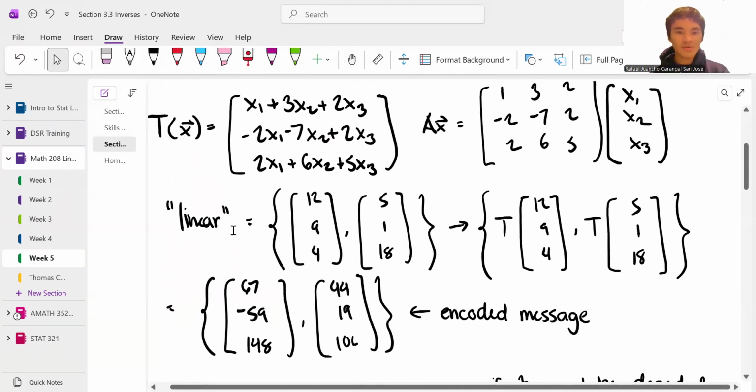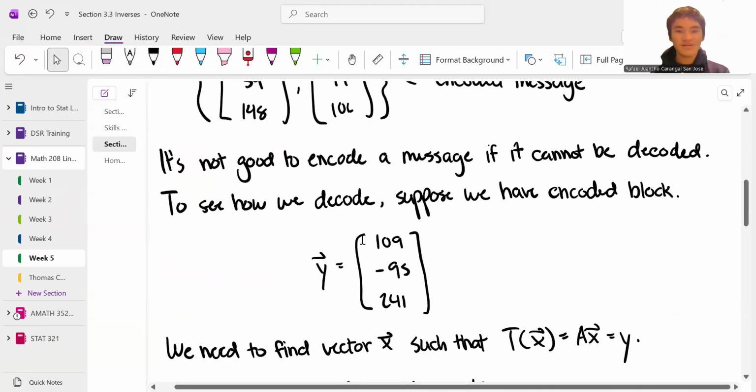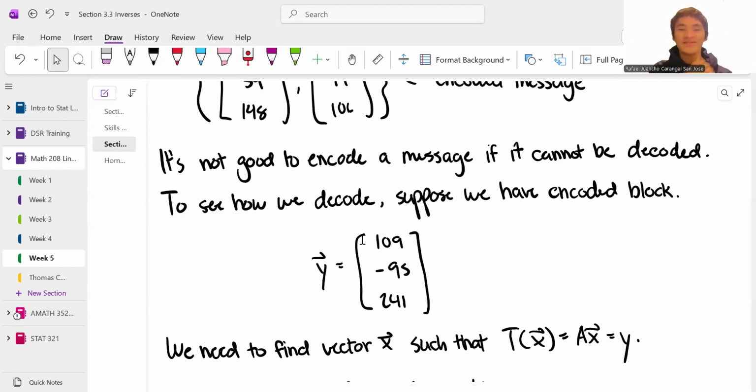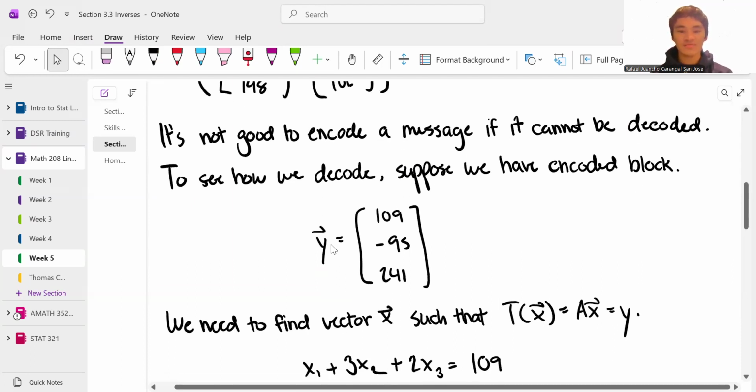Okay, cool. So here's the thing. It's not good enough to encode a message if it cannot be decoded, right? Why would you give someone a message that's encoded, but that receiver cannot even decipher what that message is? And so to see how we decode, suppose we have encoded this vector here.